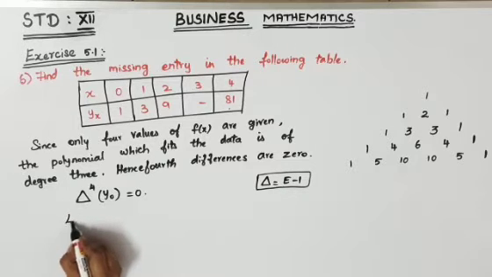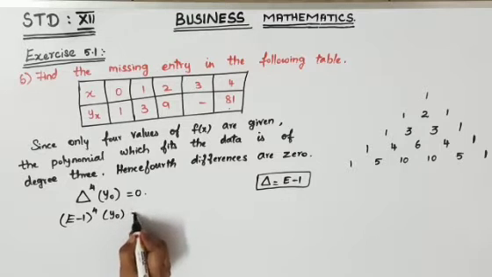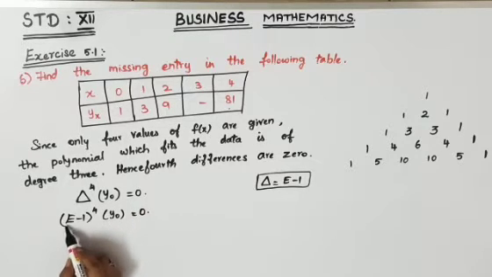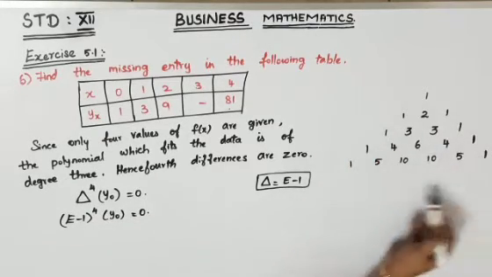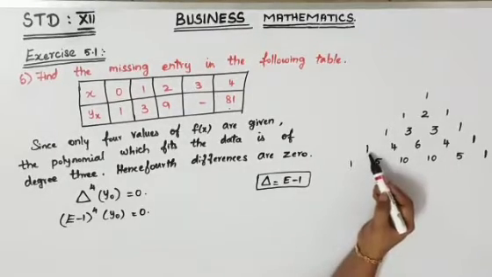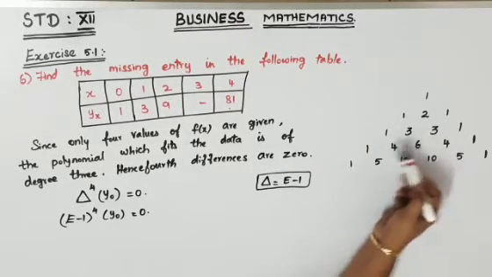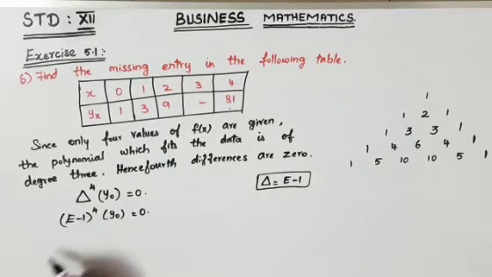So (e minus 1) the whole power 4 into y naught is equal to 0. For this (e minus 1) power 4, we use Pascal's triangle. From there you take the fourth line, first, second, third, fourth line. That will be the (e minus 1) power 4 expansion.